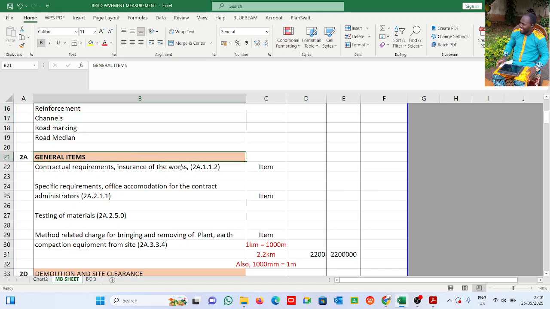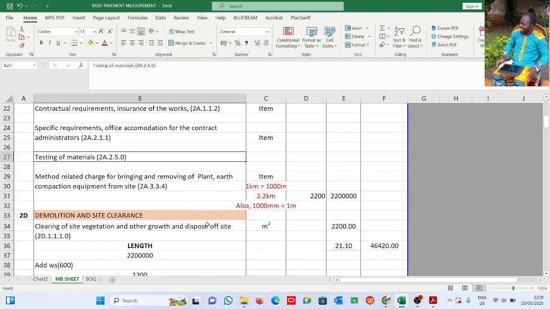We've already talked about this in our previous video, and these are the references in the Building Engineering Standard Method of Measurement 4 Revised. So we'll not be going through them again. Now we know the road is a 2.2 kilometer road, a 2,200 meter road.